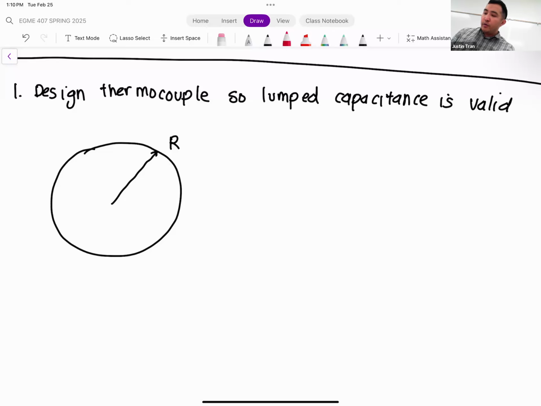The criterion for determining whether lump capacitance is valid is making sure that our entire thermocouple is at a uniform temperature. So there's no difference in temperature between the surface and the core.